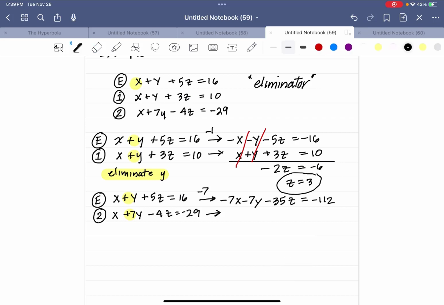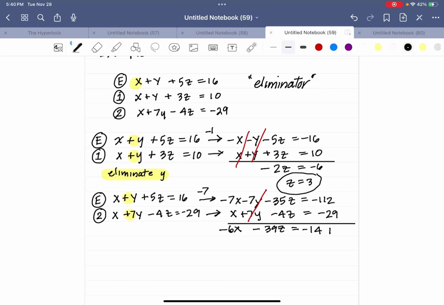The bottom one, I'm not going to change, so I'll just write it: x plus 7y minus 4z equals -29. Add them together: -6x, the y's cancel out, minus 39z equals, what's that going to be? -141. Okay.